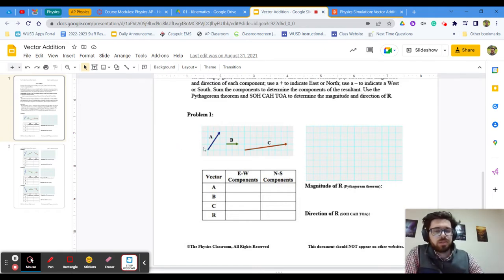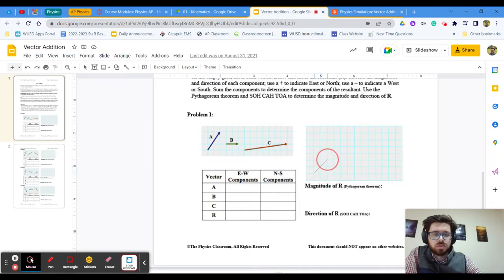So you'll see right off the bat that we have a vector, and vector A is 2 by 3. Okay, so if you come over here and click on your arrows, you can replicate that vector. I'll start down here so that I know that I have plenty of space, but I'll go 2 over, and then I'll go 3 up.